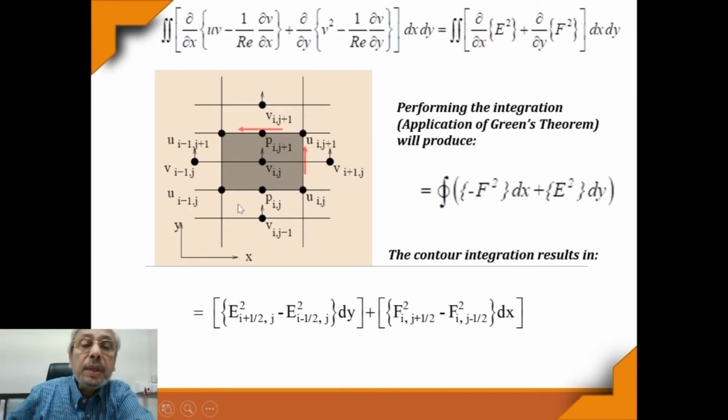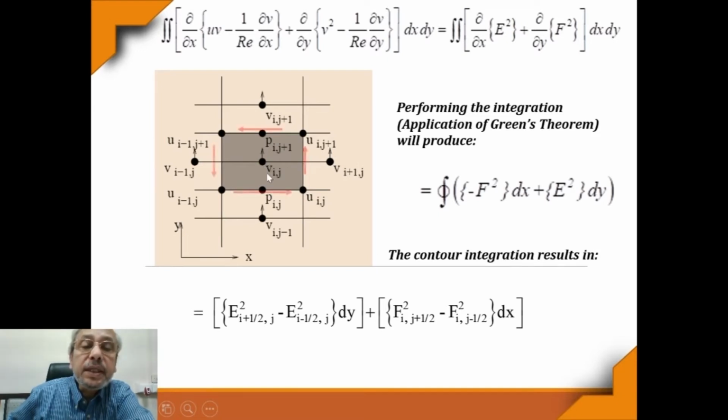So you can see, when we calculate E2 dy, we define E2 here, and with dy we integrate. Then E2 is defined again here, but this time dy is in the negative direction. So you can see E2 at I plus half j.